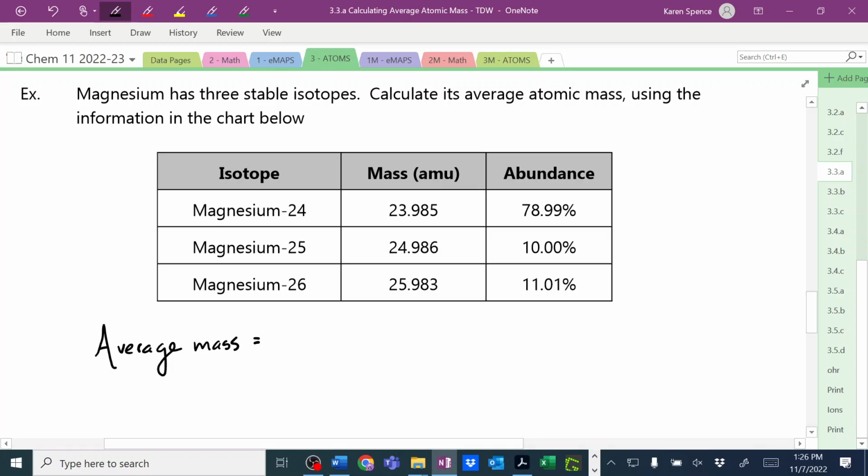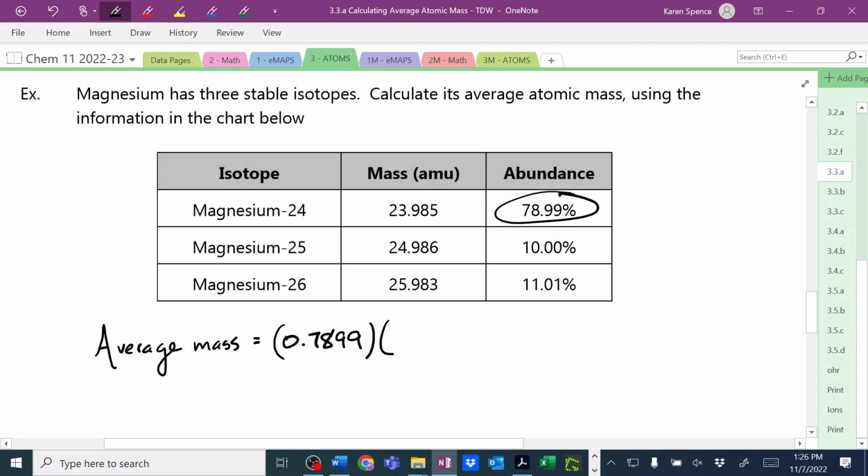So our average mass is, we're going to take our percent abundance, 0.7899. We convert it to a decimal.